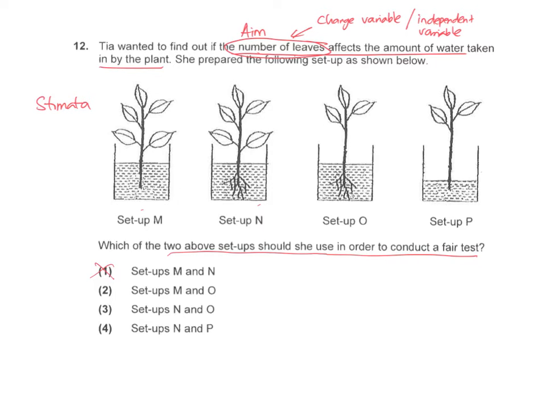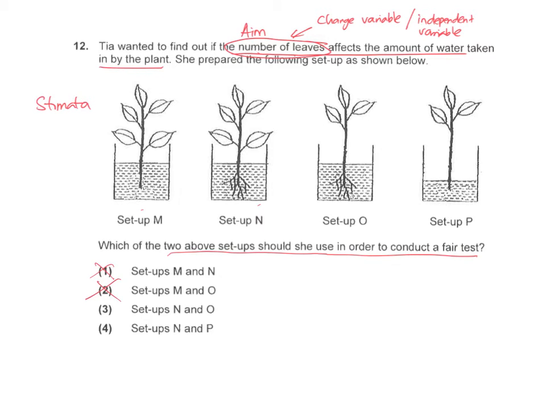Option 2, M and O. Again, M has got the roots cut off, and then O has got roots. And then you realize that the leaves are also different. So there is more than one variable that is changed. The roots are changed, the leaves are also changed. So this is obviously not possible. It is not fair and it's not meeting the aim of the experiment.